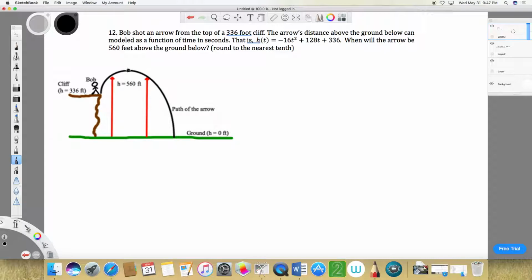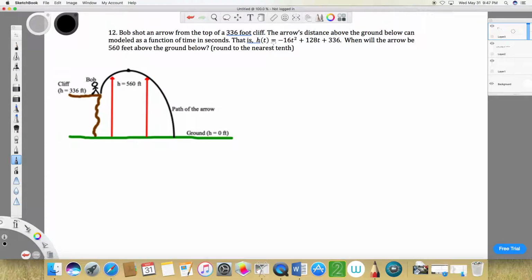And then it's going to reach some maximum height, and it could be the 560, and then it's going to turn, and on its way down, it's going to pass that same height again. So we're going to look for two solutions, unless it's a special case where 560 is the maximum height.